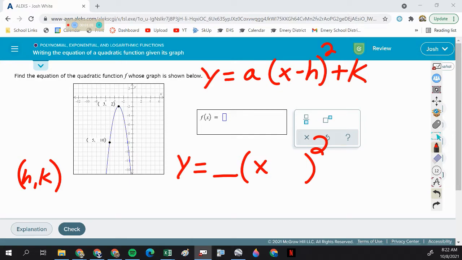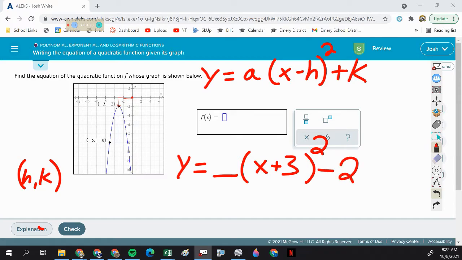So this vertex has been moved left 3 and down 2. And the h portion of the vertex is going to be opposite from the movement that happened. So x plus 3. Does everybody understand that? Okay. And then we went down 2.